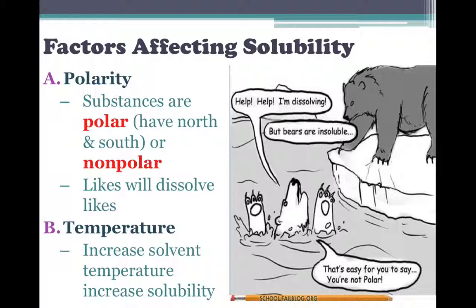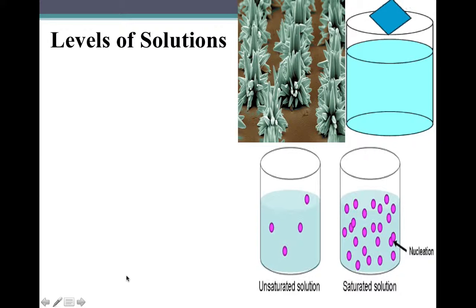Like objects will actually dissolve into other like objects. Okay, temperature also affects solubility rates. We're going to do a lab today that will show how solubility rates are affected. If you increase the temperature of the solvent, let's say water, then other things can dissolve into it a lot quicker.